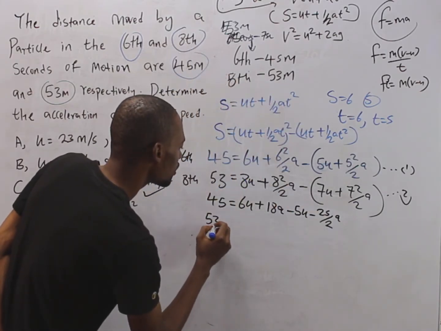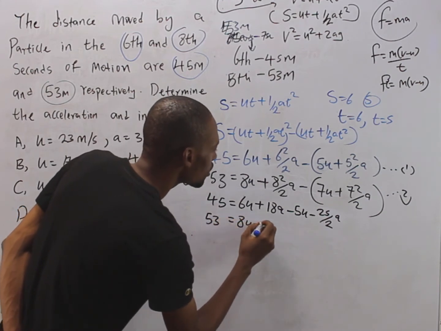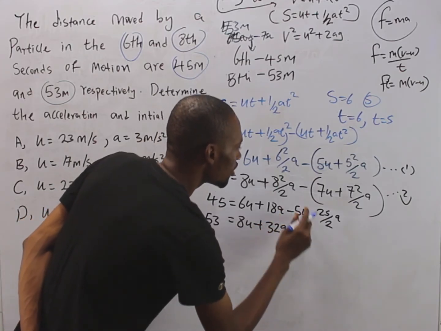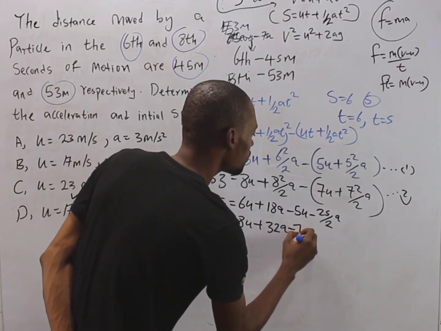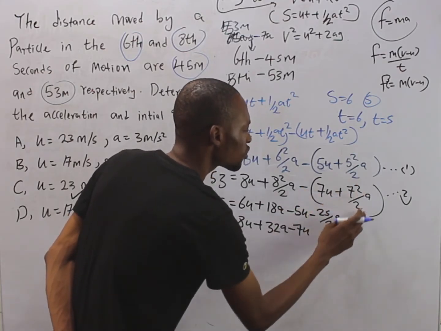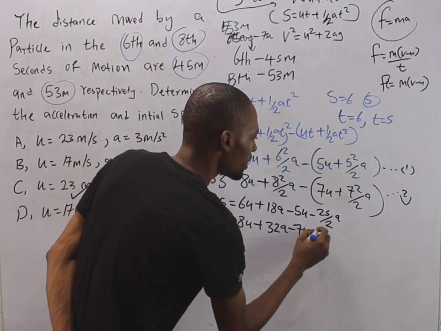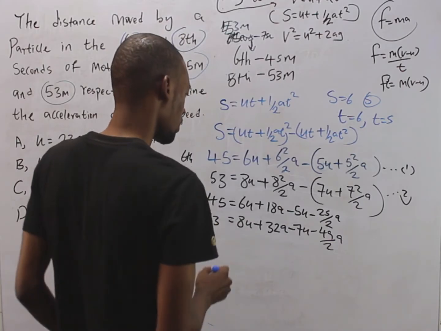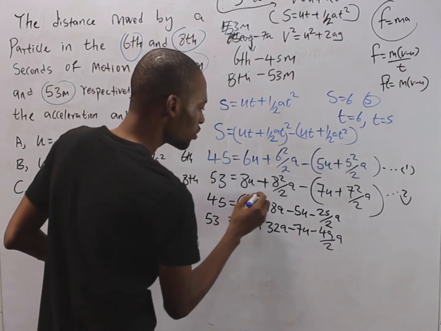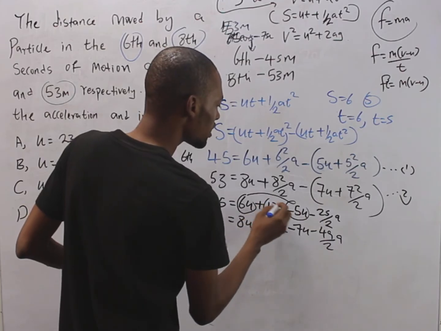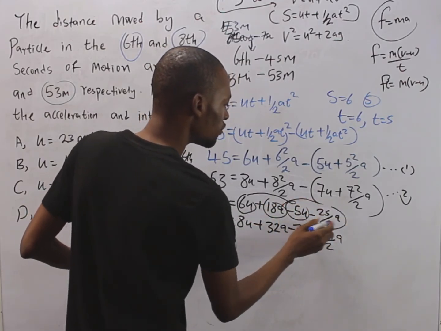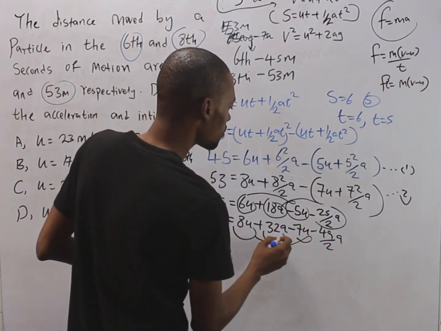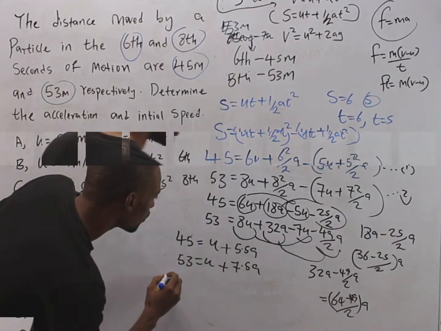This 53 equals 8u plus 64 over 2, that is 32a, minus 7u, and minus 49 over 2a. So this simply means we have 6u minus 5u, 18a minus 25 over 2a, and 8u minus 7u, 32a minus 49 over 2a.